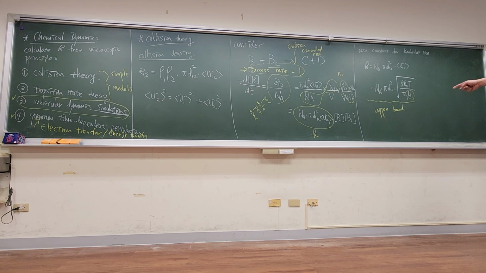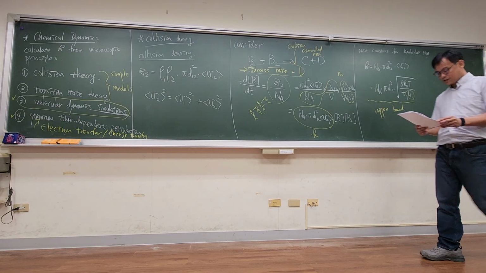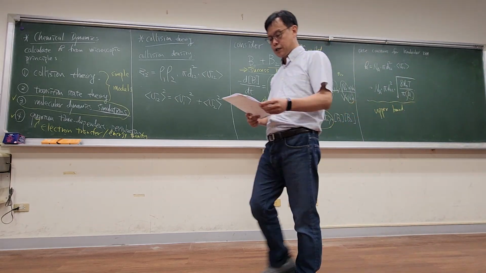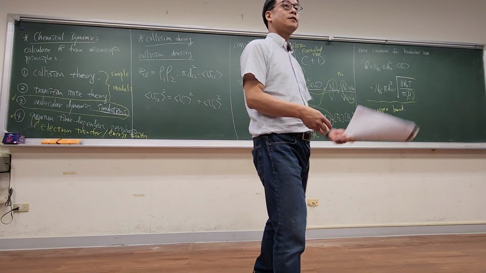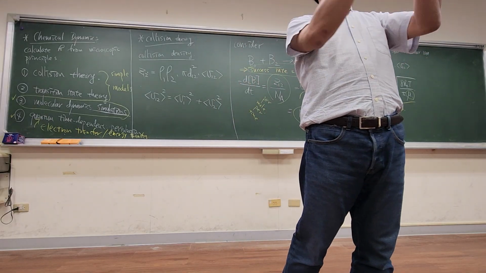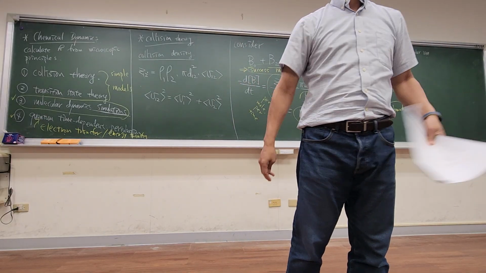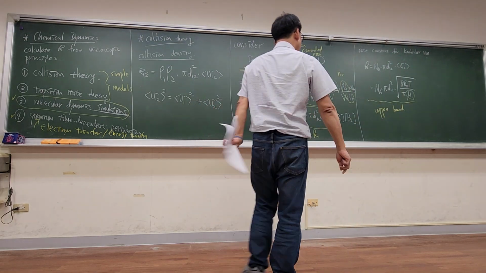So this is a very, very strongly overestimated value. It's not good. We need to consider, at least, activation energy. So we need to treat the reaction in more detail. And the way to do this is to consider how energy is transferred when a collision occurs.